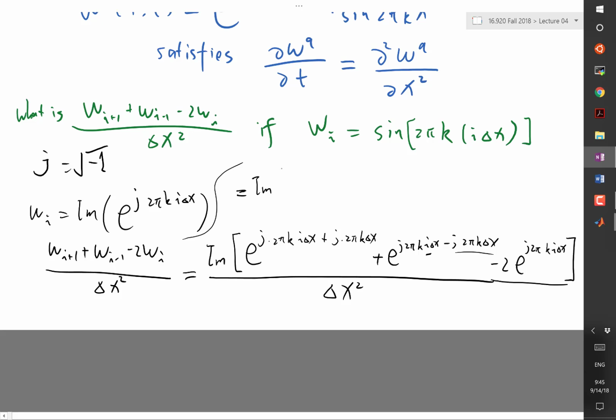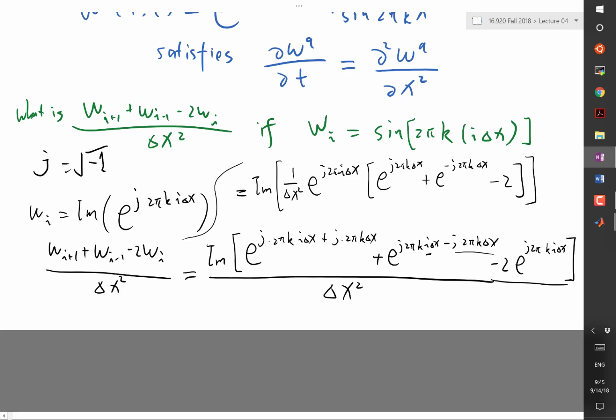So okay, this is now equal to imaginary part of 1 over delta x squared. The common term is e to the j 2 pi I delta x, and the uncommon term is e to the j 2 pi k delta x plus e to the minus j 2 pi k delta x minus 2.